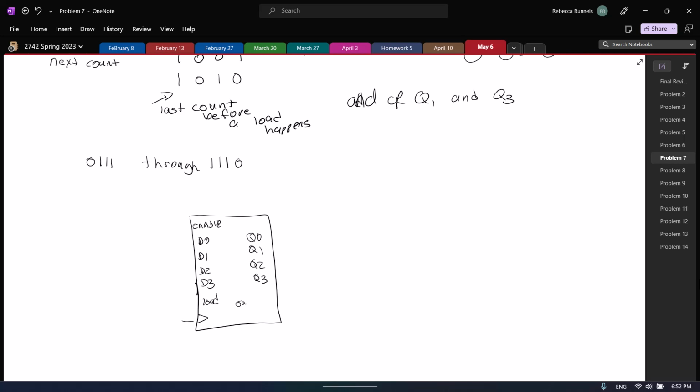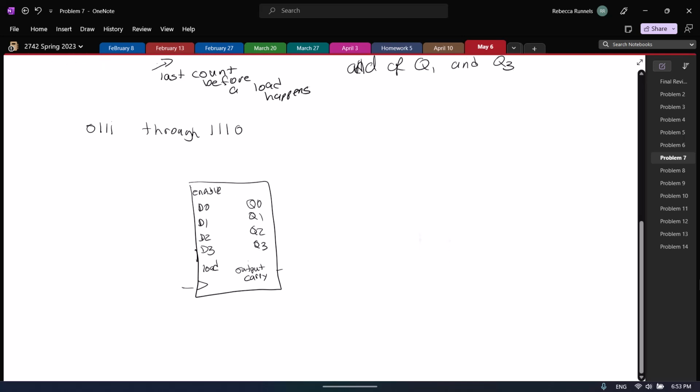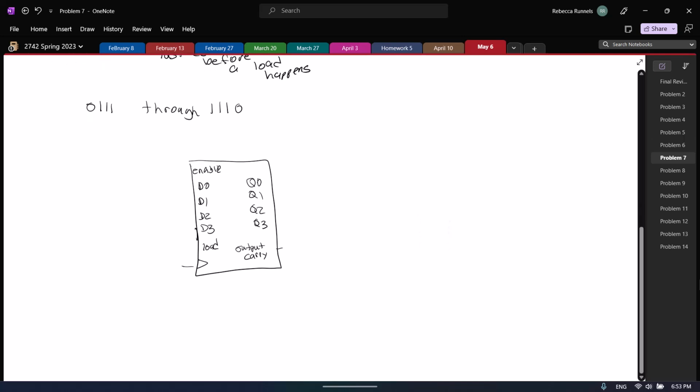And you also have something here, an output carry, and that can be used to link two of these counters together. So this is a 4-bit counter. If you wanted to have an 8-bit counter, you can use that carry bit to link the two together. But we want to start at 0, 1, 1, 1.